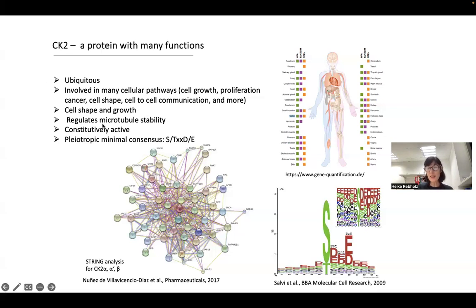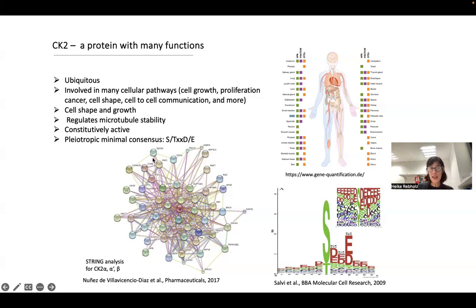We also know that this kinase is very active. That means it is doing that job of phosphorylating a substrate very readily. It doesn't need to be pushed into doing the job, but it's basically constitutively active. As soon as it recognizes a substrate protein and it has an available phosphate to transfer, it will do that.